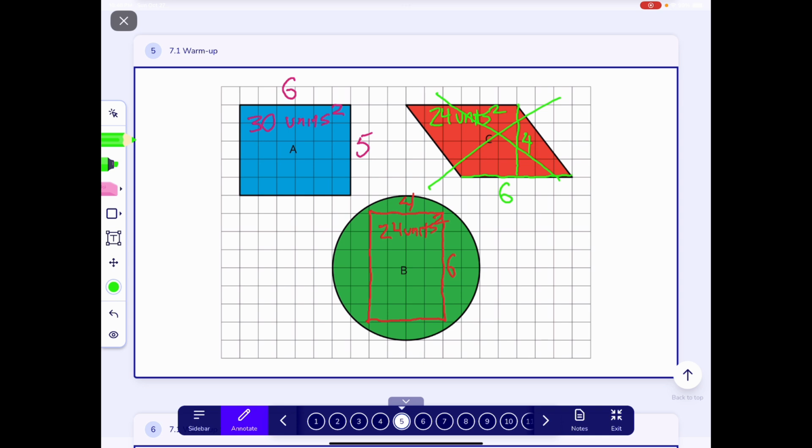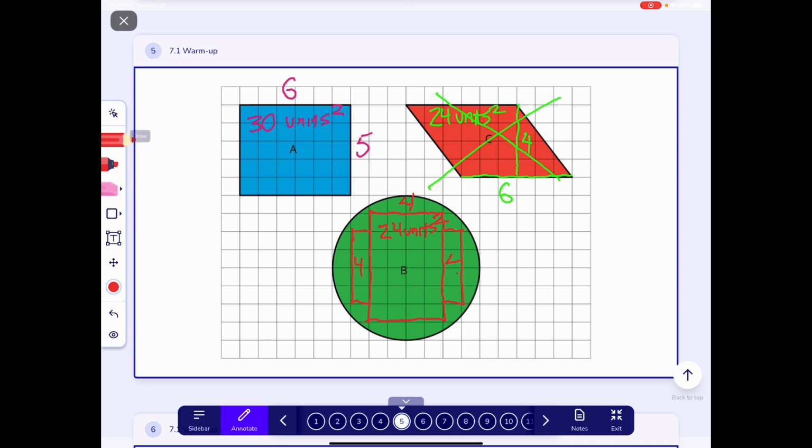But what about the rectangle? What has a greater area, the rectangle or the circle? Oh, we also know that there's a couple more rectangles in here. So that rectangle, the area is 4. And this rectangle, the area is 4. That 6 is a little confusing, so I'll erase that 6.